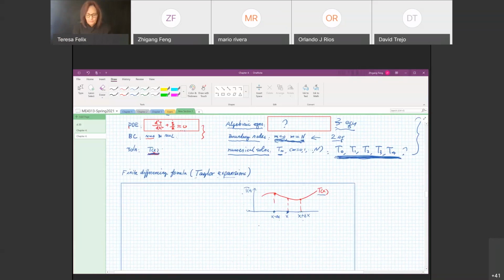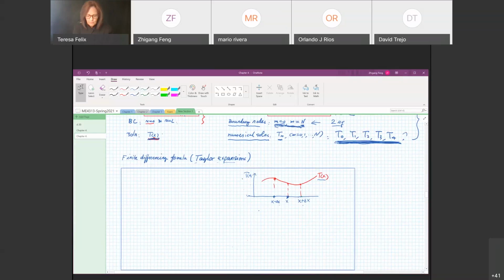There are 2 approaches. I will start with the first approach, which is based on the Taylor expansion. Here I have a graph that shows the temperature T changing with respect to x. Let's say this is a function T(x), but we don't know this function. We only know the temperature at node points, for example.